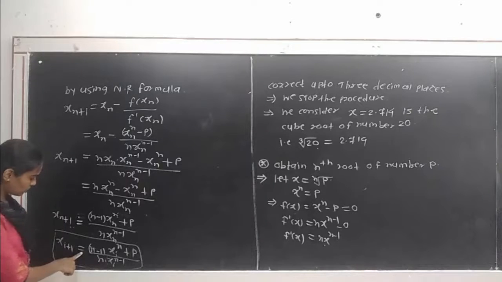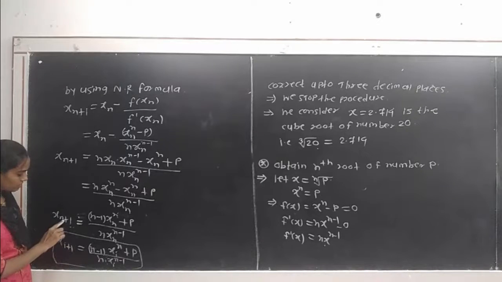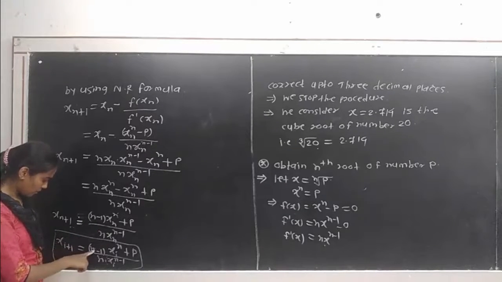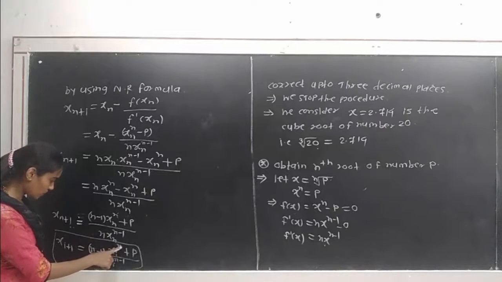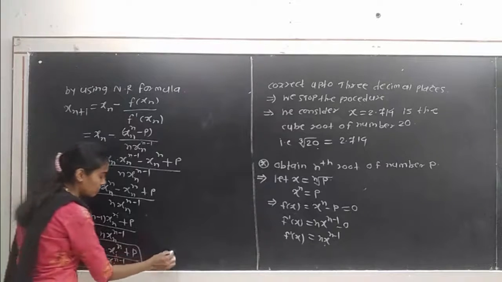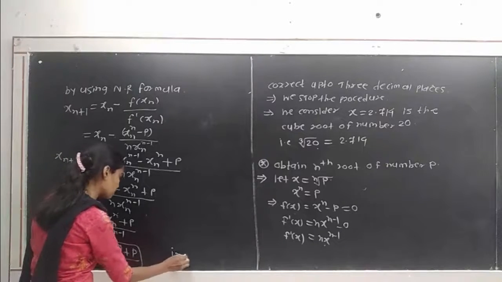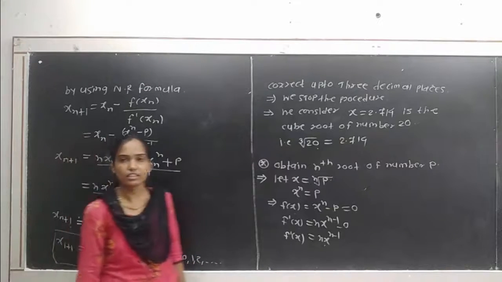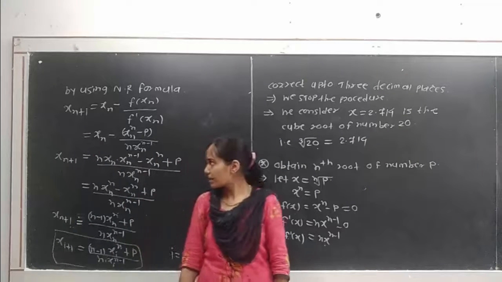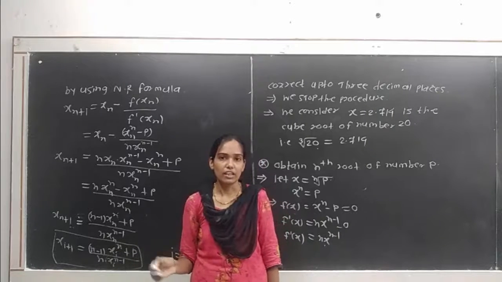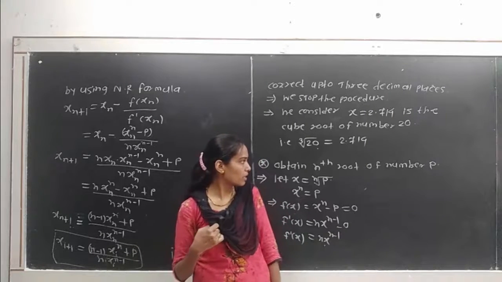So we consider this formula for differentiating the suffix n and the number n. We get the formula x_{i+1} is equal to n minus 1 x_i raised to n plus p divided by n x_i raised to n minus 1, for i is equal to 0, 1, 2 and so on. Okay, then in this way we can use this formula to obtain any nth root of a number.